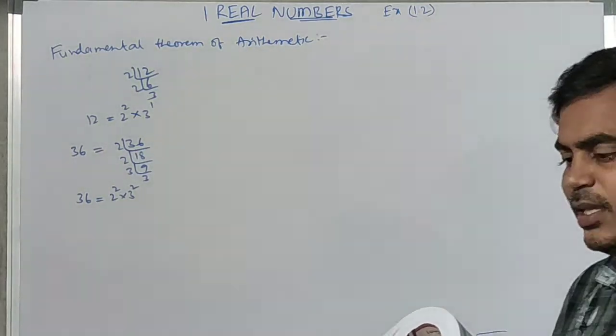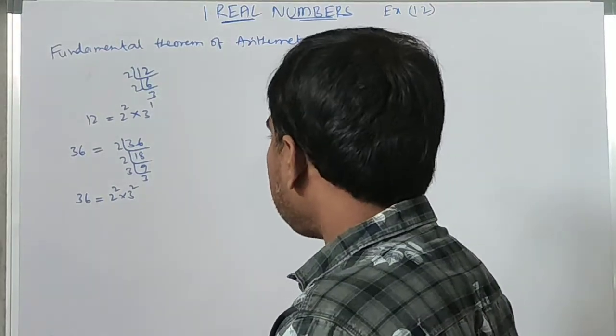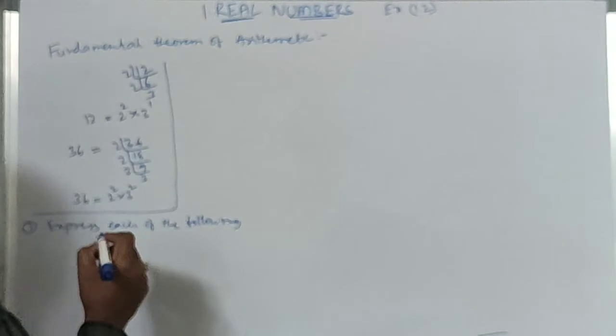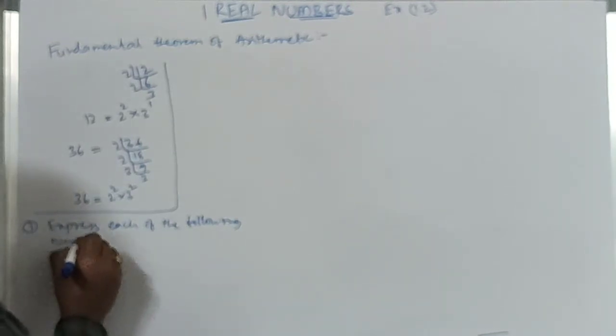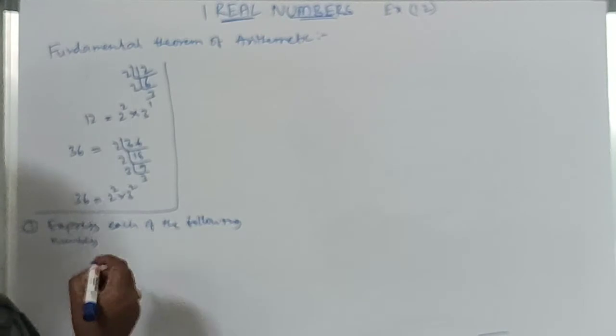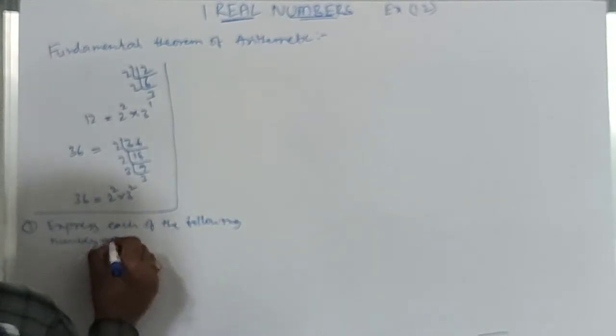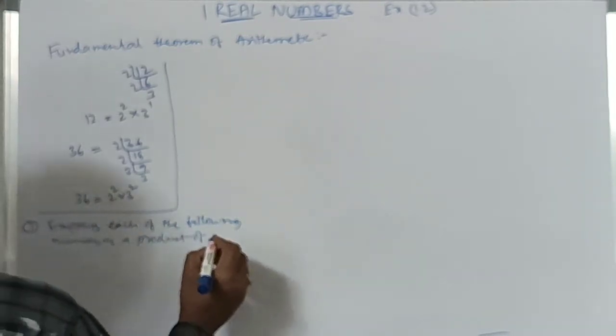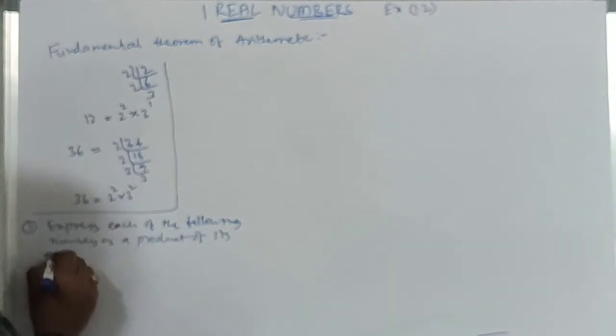So page number 9, exercise 1.2. Exercise 1.2 problems we will discuss once. First, express each of the following numbers as a product of its prime factors.